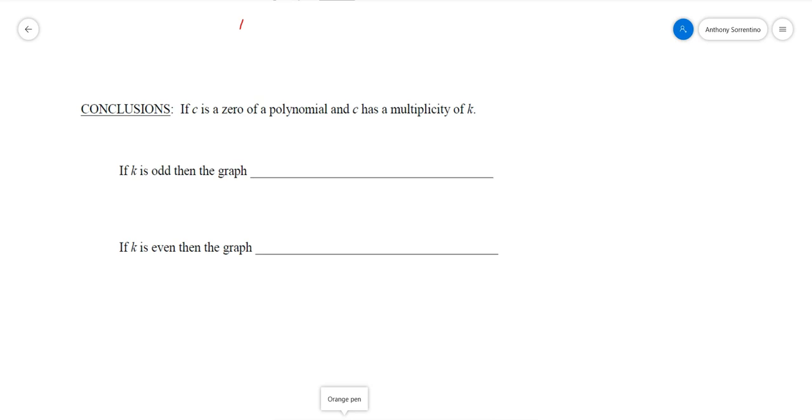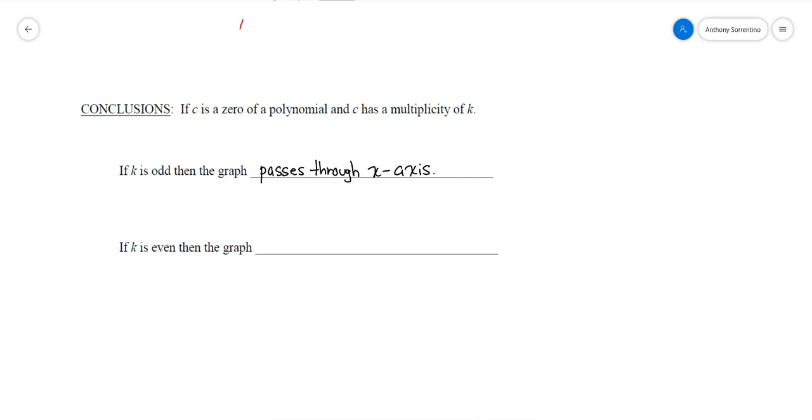Okay, if k is odd, then the graph passes through the x-axis. So if it's an odd multiplicity, including 1, which is the most common one you're going to see, it passes through at that value.